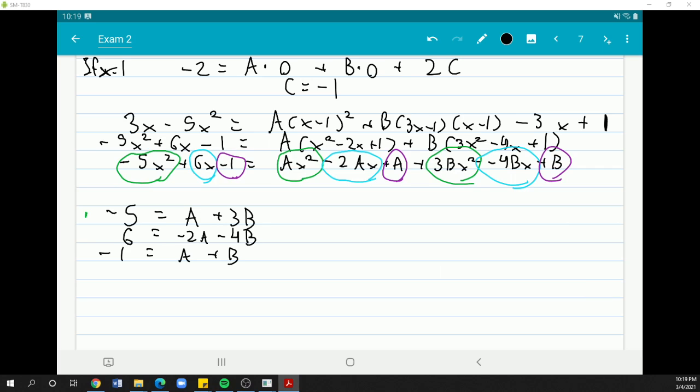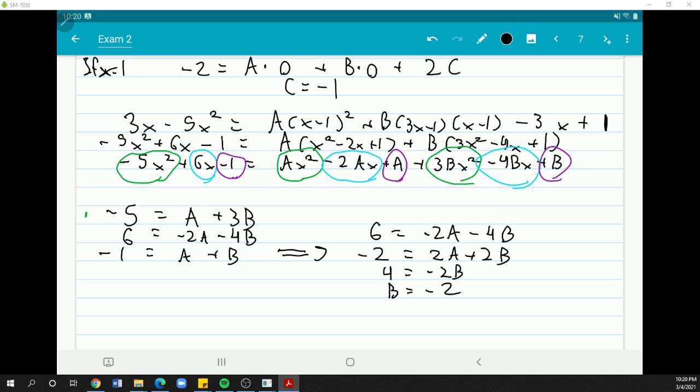And it looks like the easiest one would be to take this one. If this is true, then minus 2 is equal to 2a plus 2b, multiply both sides by 2. 6 is equal to minus 2a minus 4b, add those together. 4 is equal to minus 2b, or b is equal to minus 2.